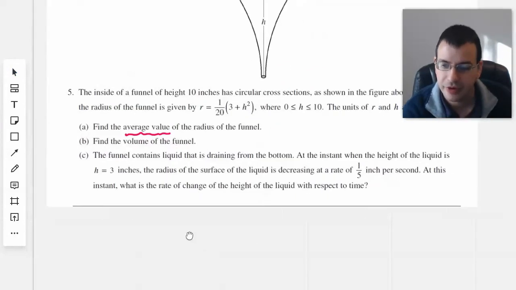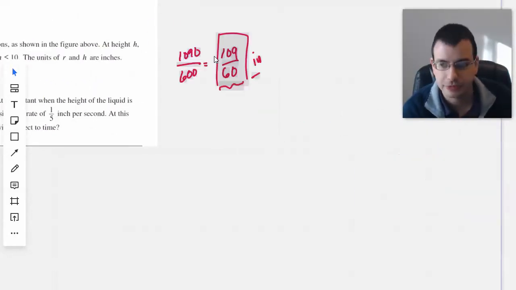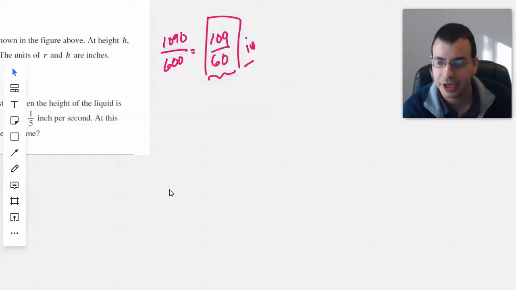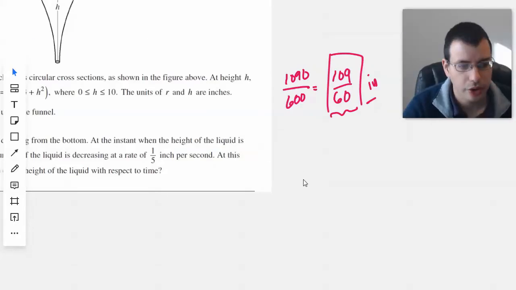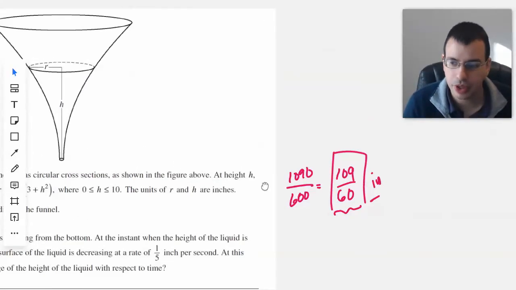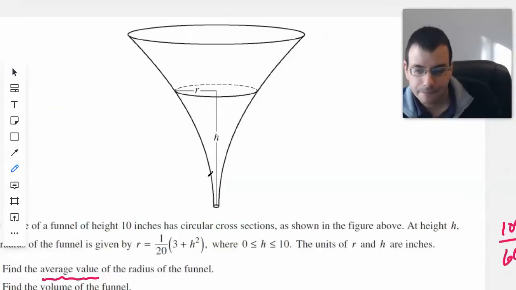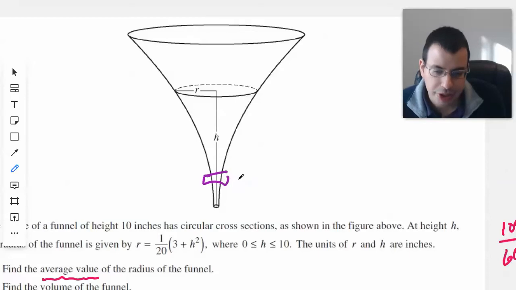Okay, find the volume of the funnel. Okay, so for this, we are going to use the disk method. So the idea here is, break these up into little disks.